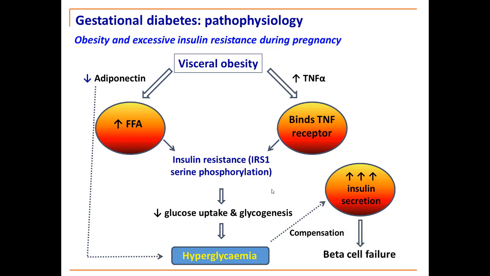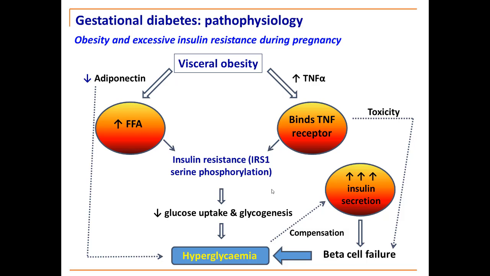But over time, in particular when you're thinking about type 2 diabetes mellitus, it leads to beta cell failure, and TNF in itself binds to TNF receptors on the pancreatic beta cells and is also toxic to those cells. And as you start to get pancreatic beta cell failure, of course, they can't produce the insulin, leading to gestational diabetes mellitus.